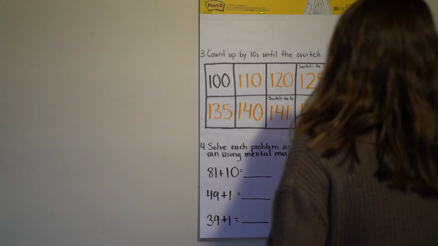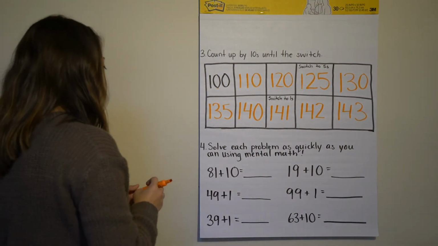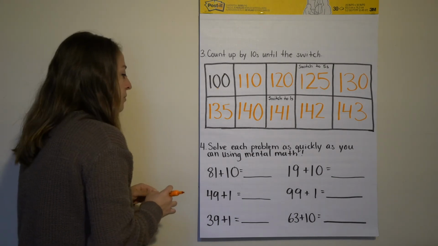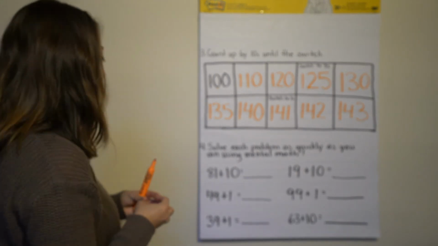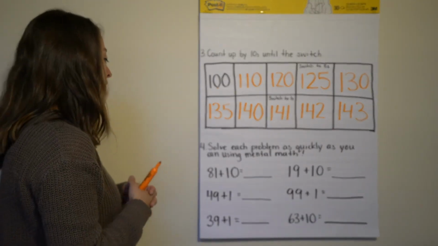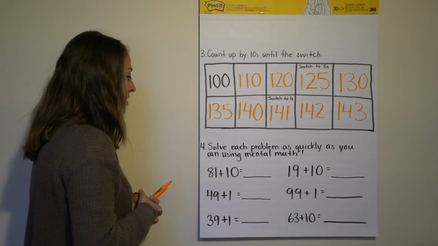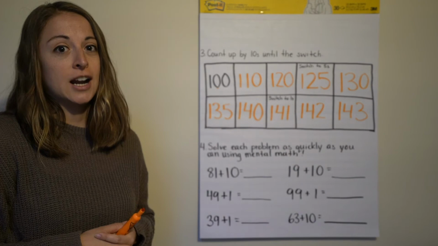All right, it says solve each problem as quickly as you can using mental math. I'm actually going to give you 20 seconds to do this one because I feel like 15 was a little bit too quick. So I'll give you 20 seconds to solve all of these as fast as you can. You can start now.